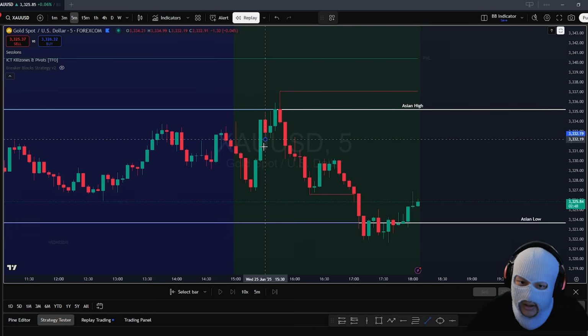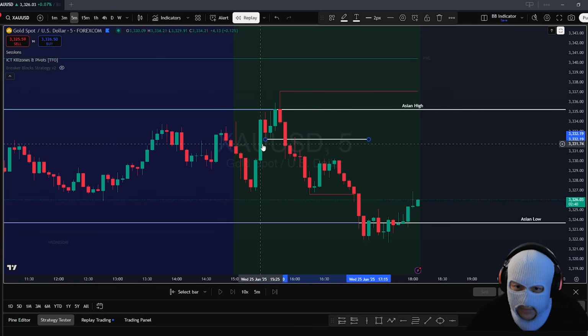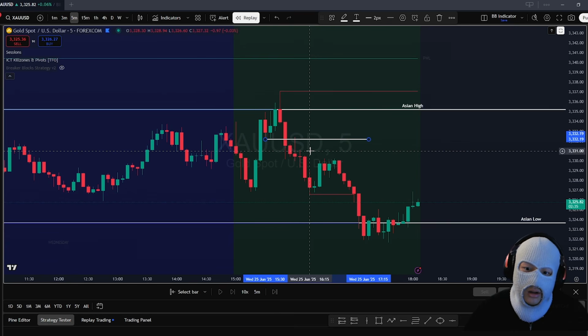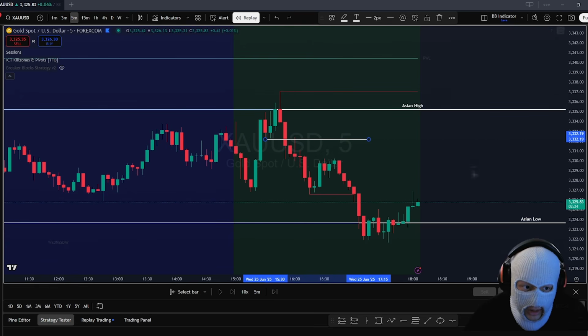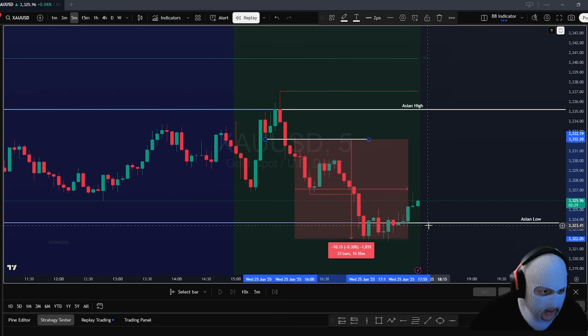Simple. 5-minute change of character. What do you see? Price has created a push up higher, came down, body candle close. Retest, continue dumping. From this retest right here, all the way down here, that's 100 pips.